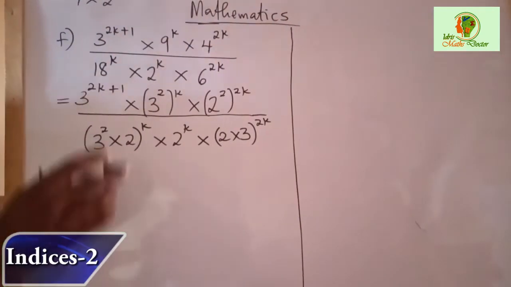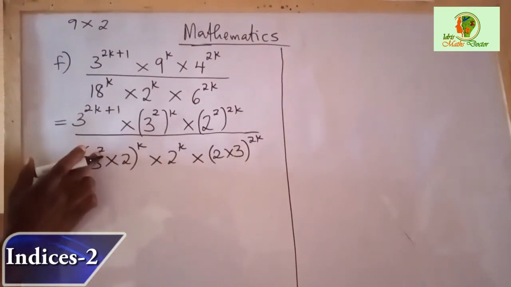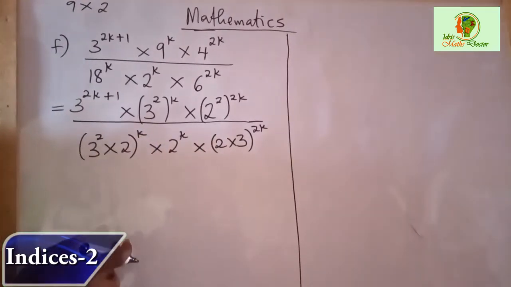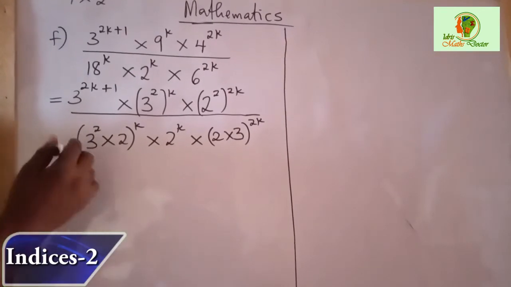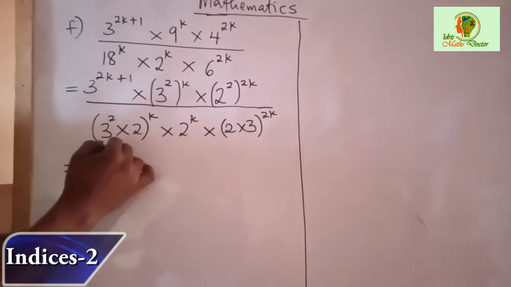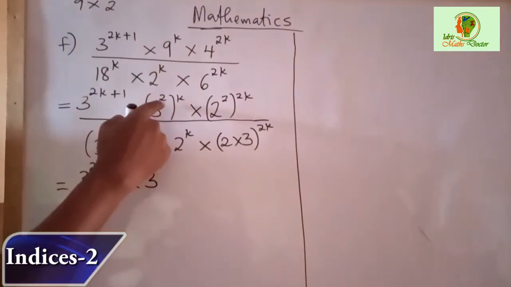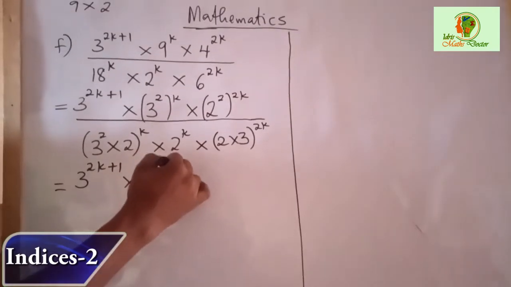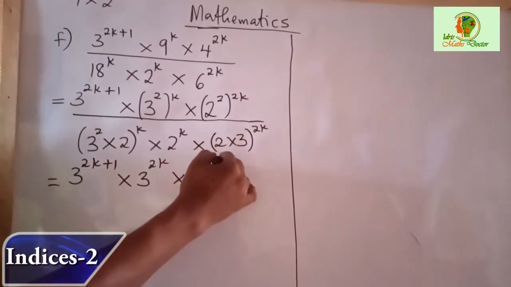Now remember, if we have brackets and there's a power inside the bracket and one outside the bracket, the powers will multiply each other. So we want to remove all the brackets. That gives us 3 raised to power 2k plus 1 times 3 raised to power 2 times k will give us 2k, times 2 raised to power 2 times 2k will give us 4k all over.